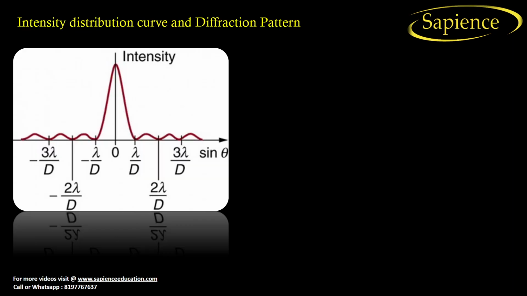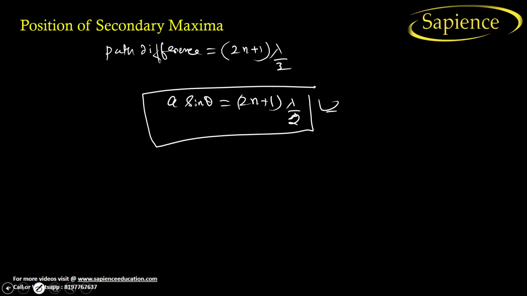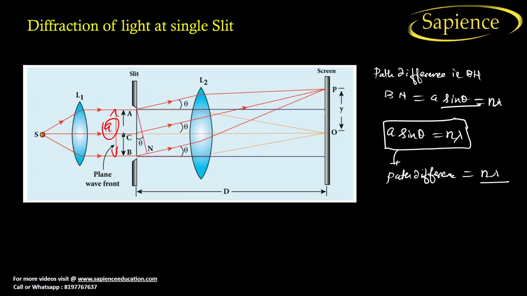Now let us consider the intensity distribution of the diffraction. As we know, this is the diffraction pattern, and this is your lambda by 2, and this is 2 lambda by d. At the maximum point, at this point the brightness is maximum, because brightness is maximum at this center.